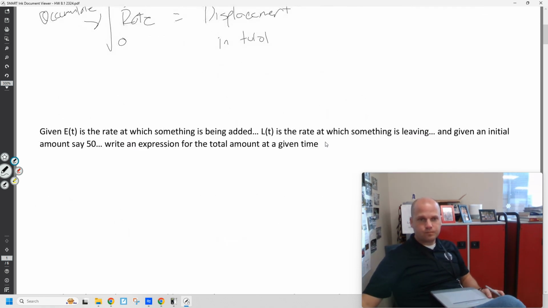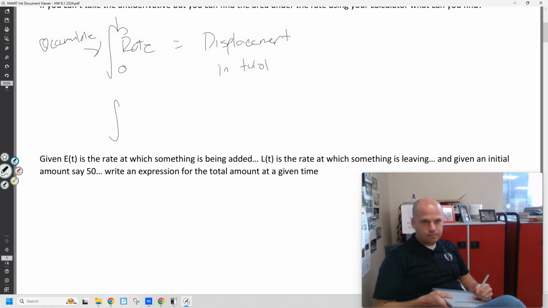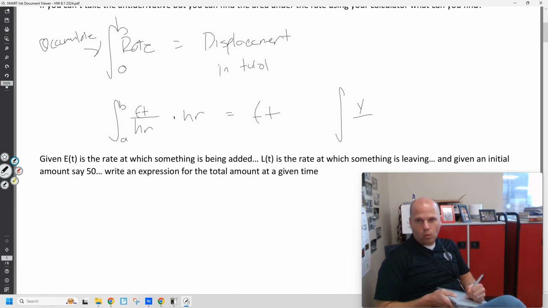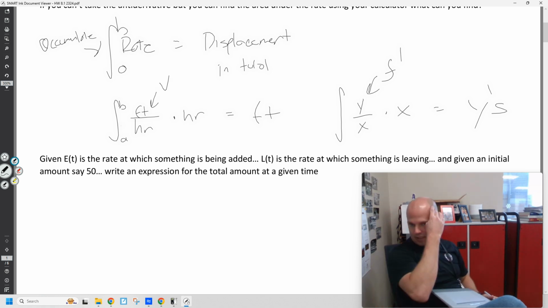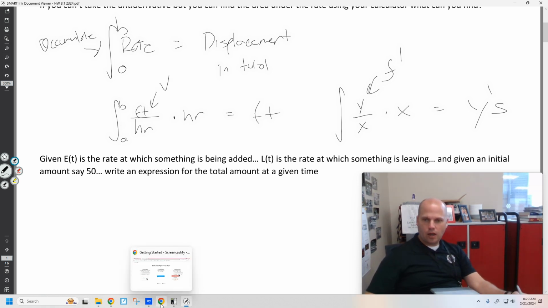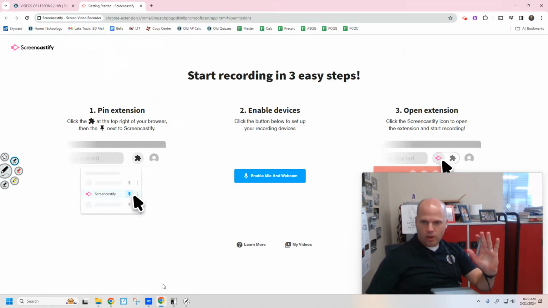If you sum up feet per hour over an interval of hours, you'll get feet. If you accumulate y's per x over an interval of x's, you get y's. This is like a derivative. This is like a velocity, okay? So understand what you have.